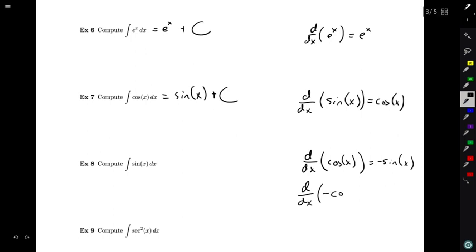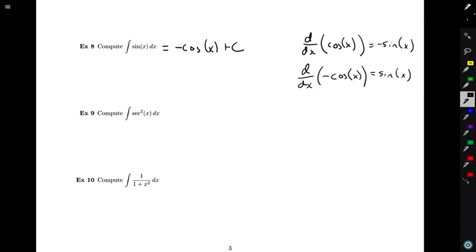If I take the derivative of minus cosine of x, I have two negative signs, one that comes from this negative sign that I've put out front, another that's going to come from taking the derivative of cosine and getting minus sine out. So those two negative signs cancel, and I'm left with sine of x. So the function that I'm looking for here, for my antiderivative of sine, is minus cosine of x plus c.